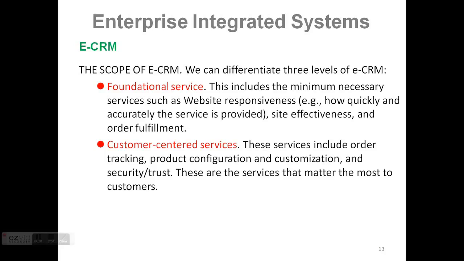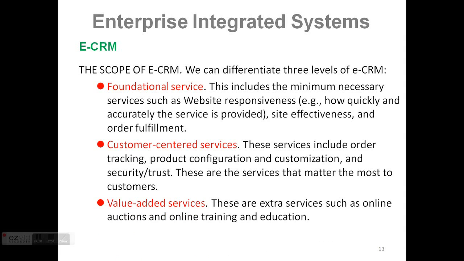So this is for the customer to use. So it is mostly a customer-facing functionality. Product configuration, allowing the customer to configure their products. For example, if you're selling a computer system, letting them choose the components and so on. And value-added services. These are the extra services such as online auctions and online training on education sector and so on.